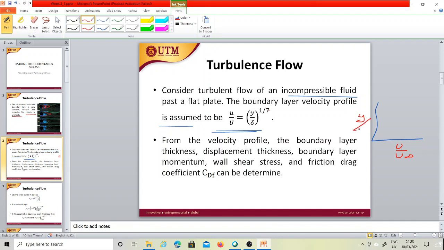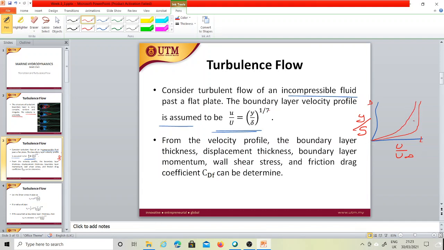Okay, so if you have y by delta, and you want to draw the plot in non-dimensional form, that is 1 and 1. In the case of turbulent flow, this profile is like this, okay? And in the case of laminar, most of the time it is either proportional, or most of the time actually parabolic, okay?